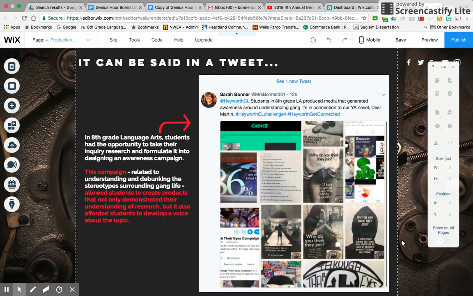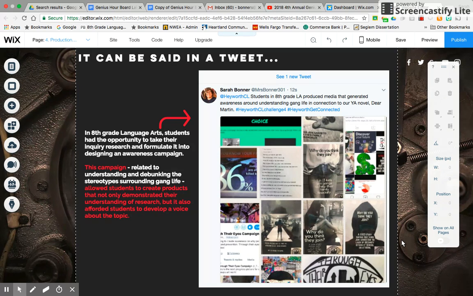The collage that you see down here is a collage of student products that revolved around research relating to gang life and understanding the formation of gangs, the history of gangs, because the book itself talks at length about gang life, and our kids aren't really familiar with that facet of our society and wanted to know more about that.